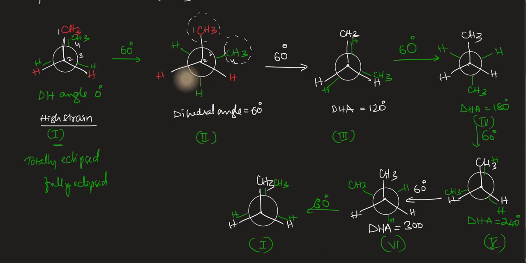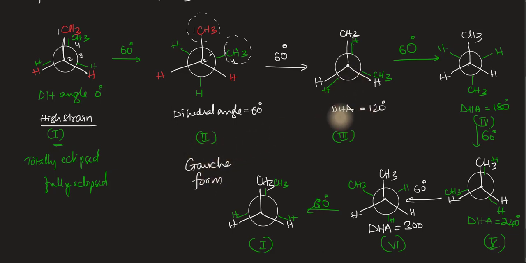So the potential energy of this molecule is 3.8 kilojoules less compared to this structure. That's a very important point, and this is called the gauche form, or gauche conformer.